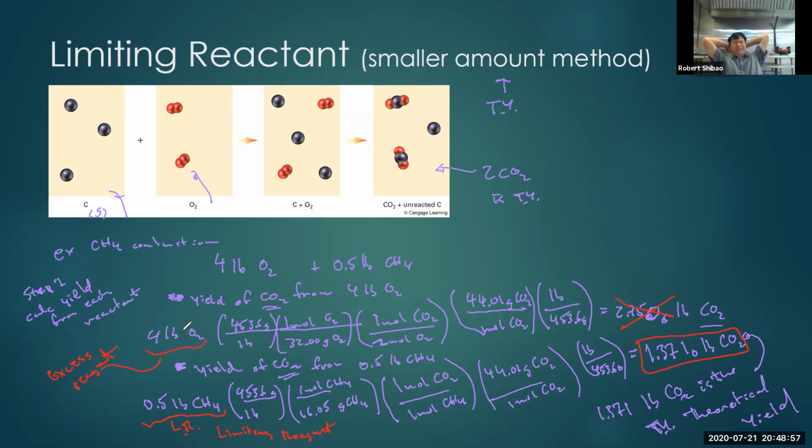In fact, we're only going to react about 2 pounds of oxygen, and we're going to have about 2 pounds left over unreacted. And so that's excess, about 2 pounds of excess oxygen because 4 pounds was enough to burn 1 pound of methane, but I only have half a pound, which is half as much. So I only need half as much oxygen, which is about 2 pounds. Therefore, I'm going to have 2 pounds of excess reagent left over, but it can't react because there's no more methane to react it with. So it's a limiting reactant using the smaller amount method.